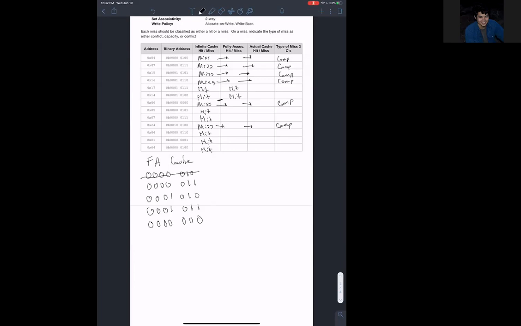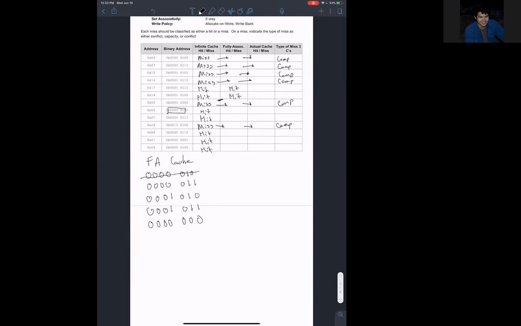So our next access is 0x05. So that means we're looking up this address right here. Do we have that in our cache? No, so we don't have that in our cache. So this is where our fully associative cache and our infinite cache differ.